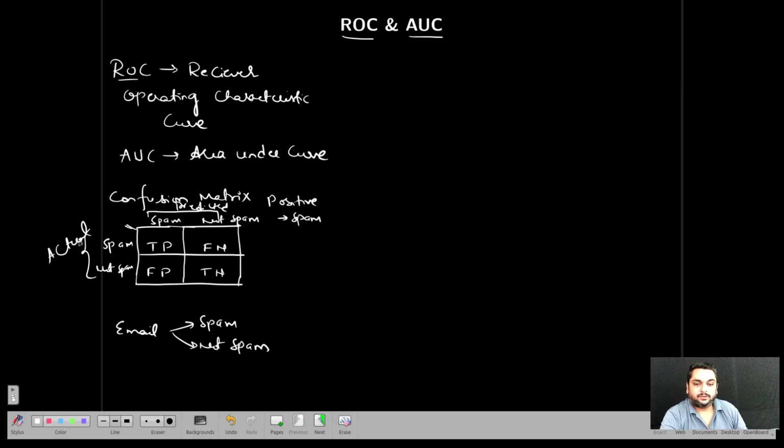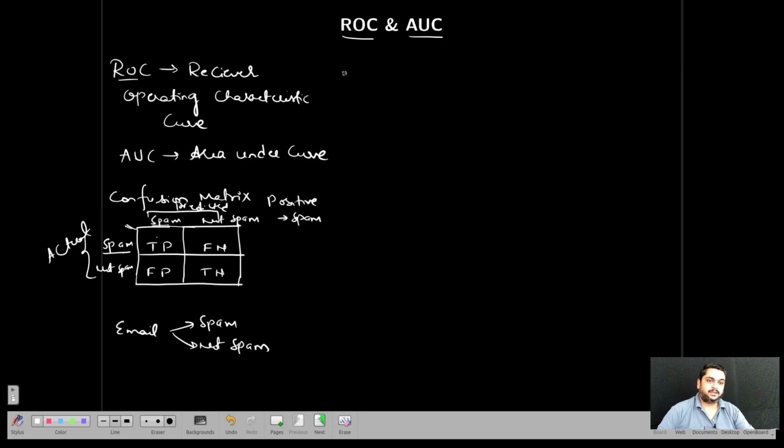So actual spam that is also predicted spam is true positive. Actual spam but predicted as not spam is false negative. Not spam is negative. Similarly, not spam predicted as spam is false positive, and not spam predicted as not spam is true negative.